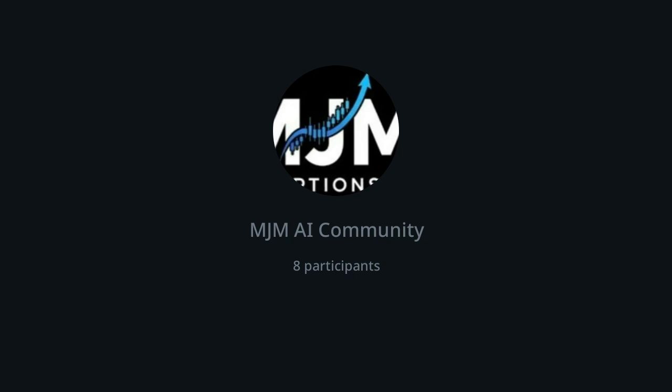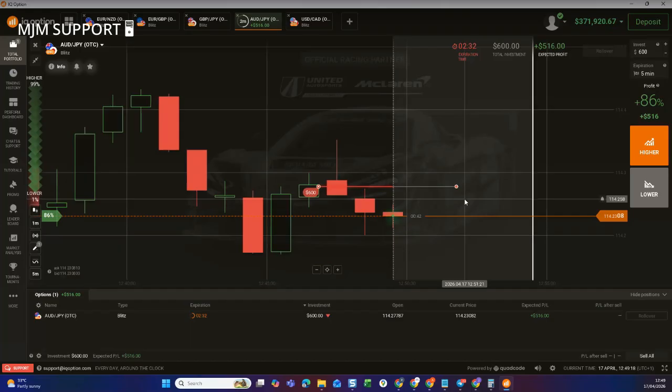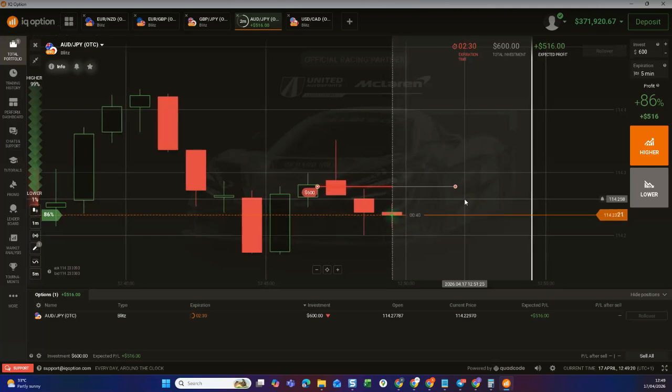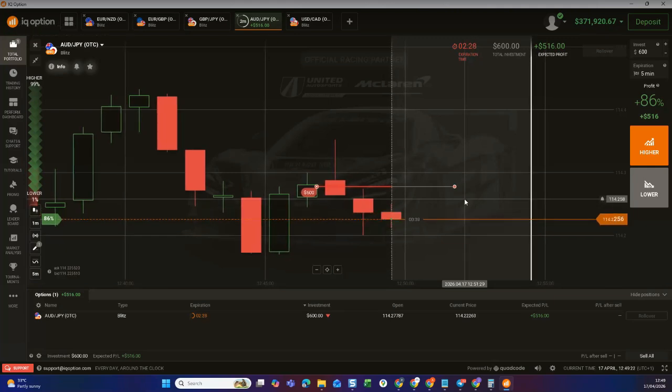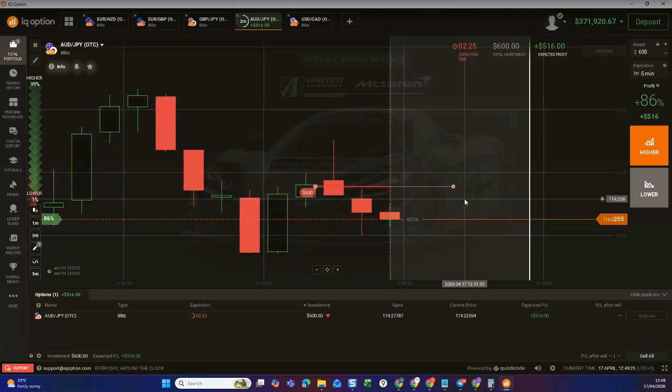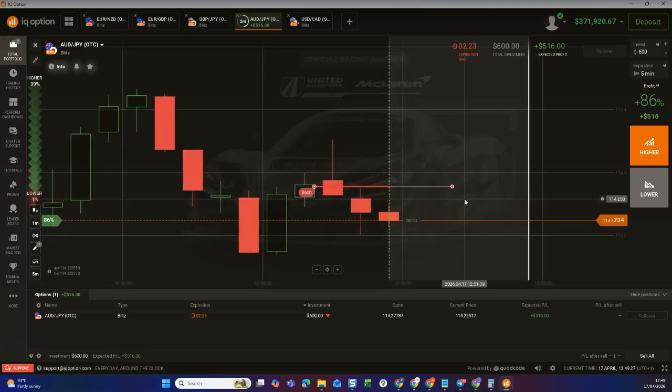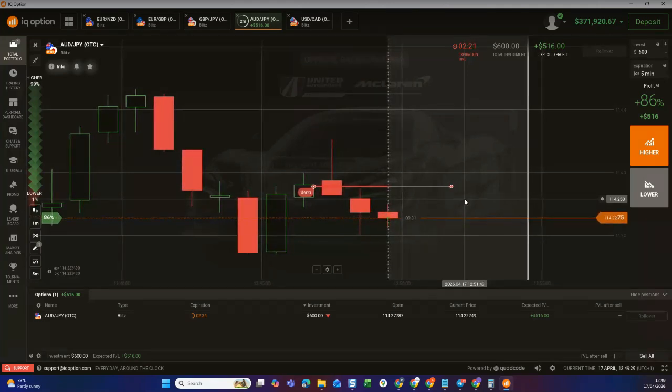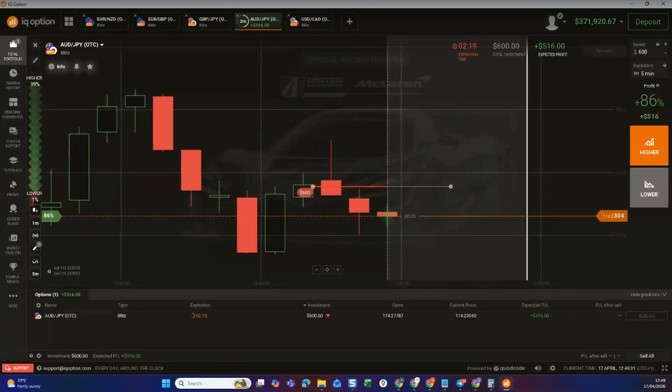You can always use it at any point in time. You wake up, you use it, you're about to sleep, you use it. The AI scans for signals and gives you signals all day long for as long as you want. There is no break. So that is basically how it is. The AI scans for signals that you can use to trade the financial market.